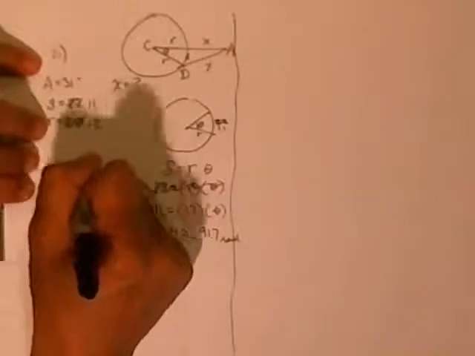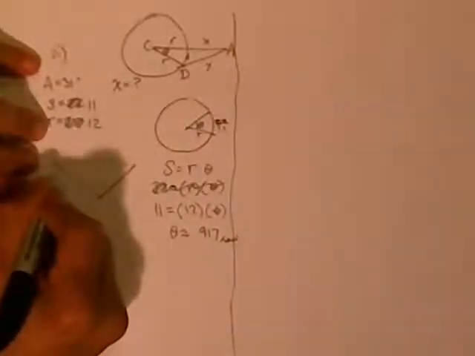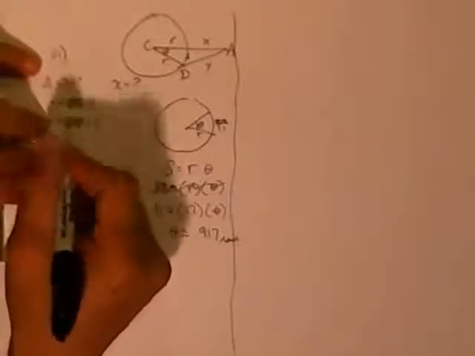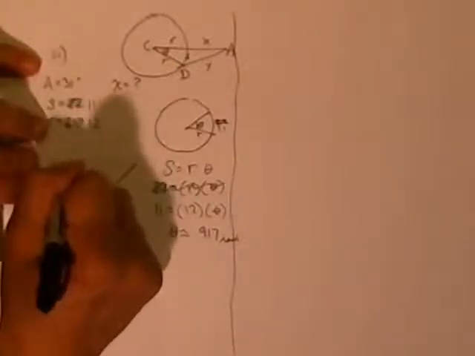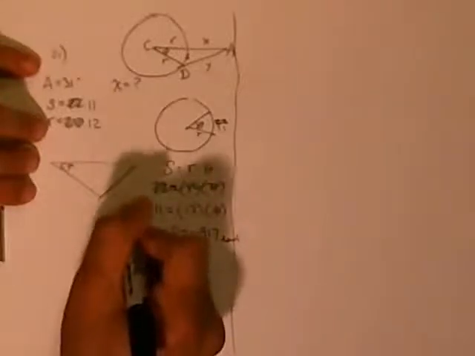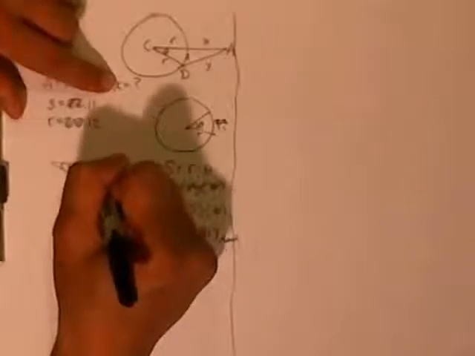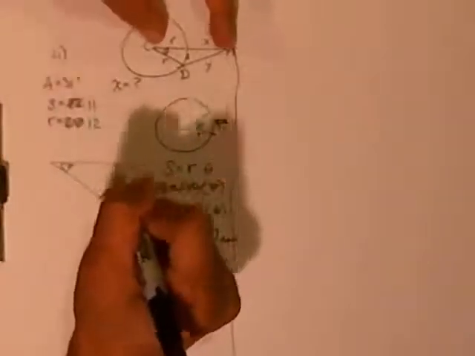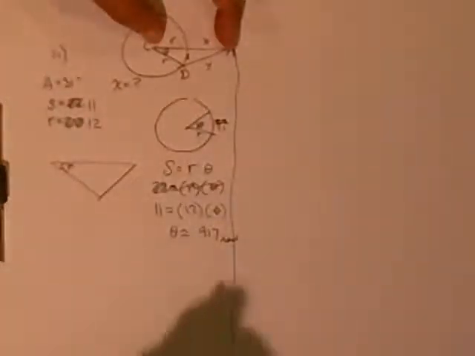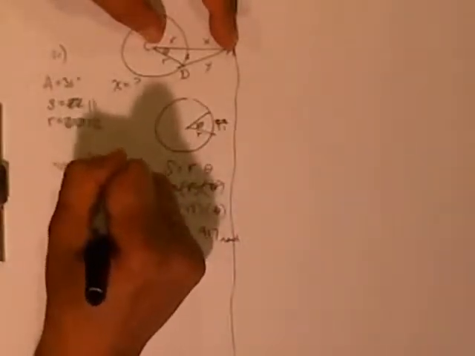So in this triangle right here, there's my angle theta. It's going to be 53 degrees. And what else am I looking for? I'm looking for x. So this is going to be this length. It's going to be r plus x, so it's going to be 12 plus x.